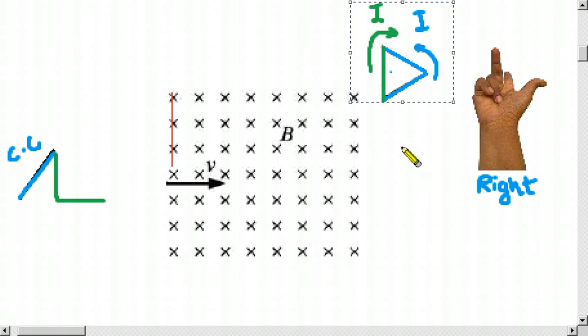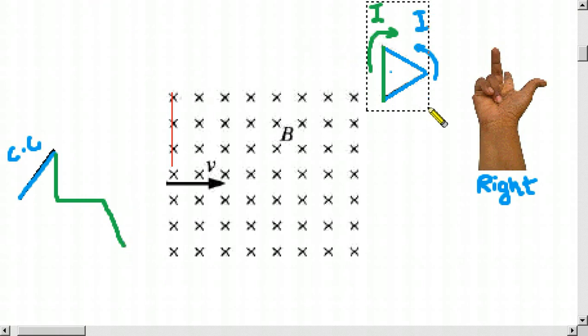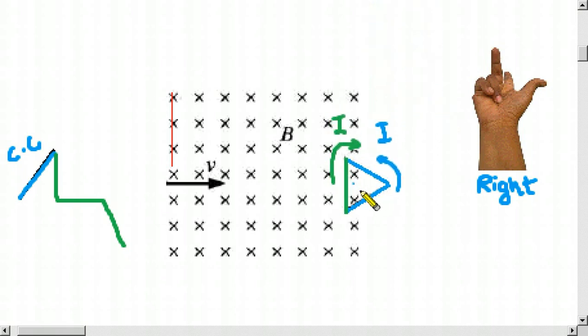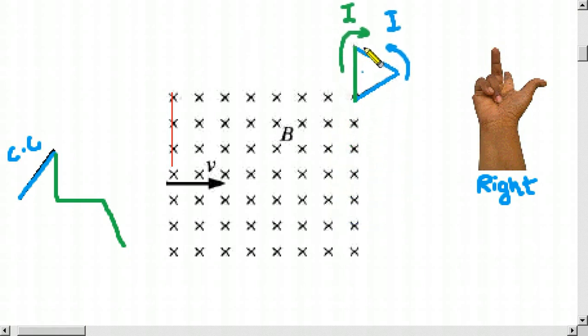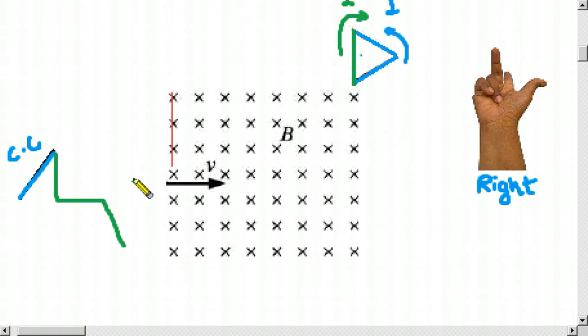Therefore the green color current is little by little increasing like this, because the opposite current is little by little decreasing. Therefore the resultant is the green color current. When the blue half is totally outside the magnetic field, there is no opposite current to the green color current. So totally the green color current shows in this graph. So that is this point totally.